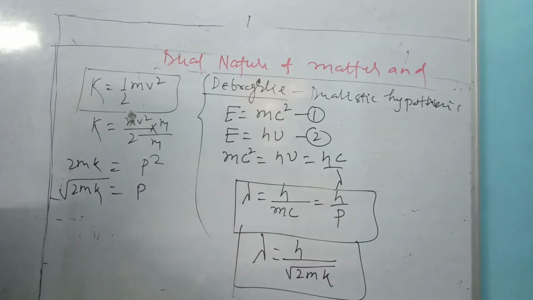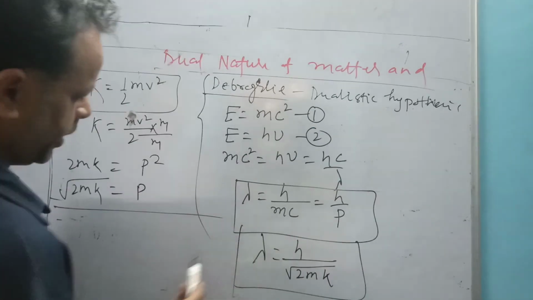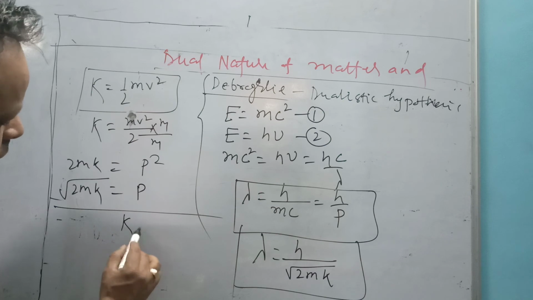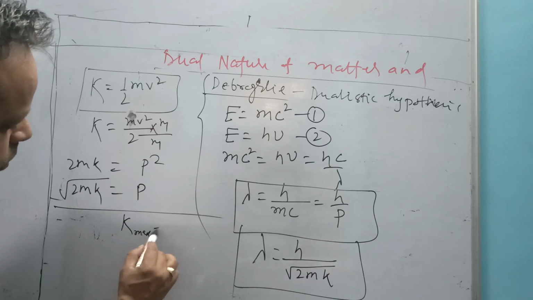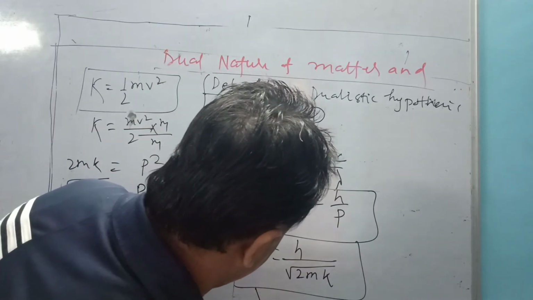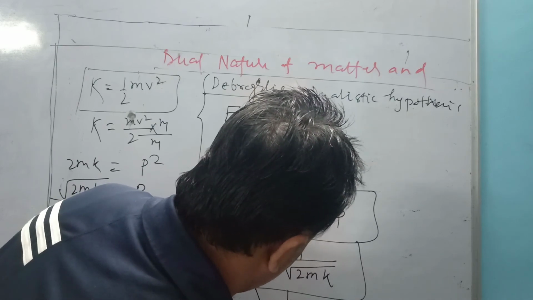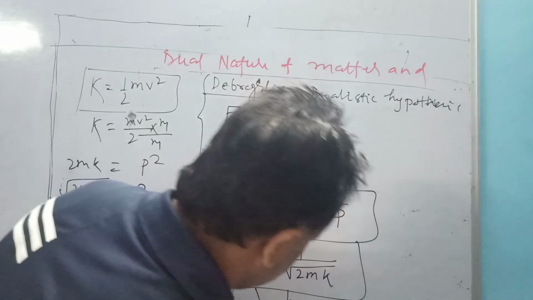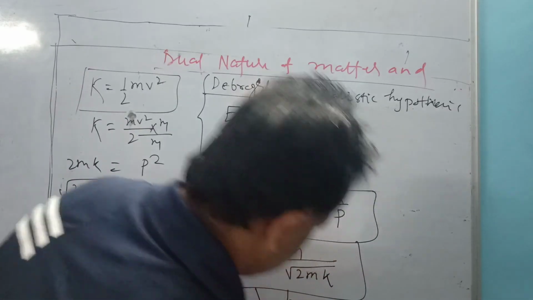See, we can have a numerical in terms of stopping potential. K max, we have learned that K max is equal to eVs. We can have this in terms of potential also. What we can have, this is lambda is h by root over 2mK. In case of K, we can write eVs.